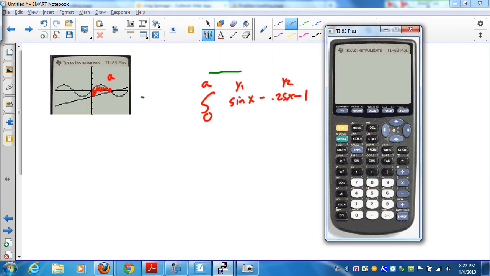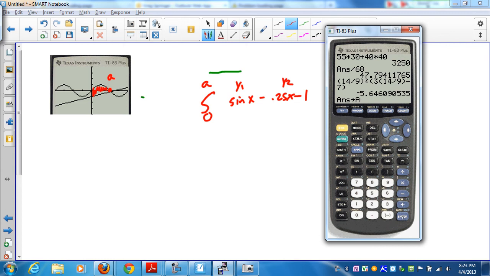First we've got to find that intersection, right? So we'll go second, calculate, and we're looking for number 5, the intersect. Enter, enter, enter. 0.331. I'm going to store that in A to make my life easy.